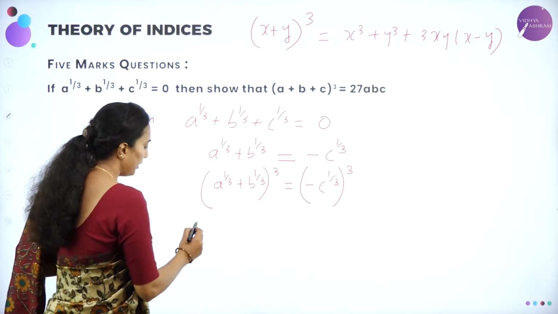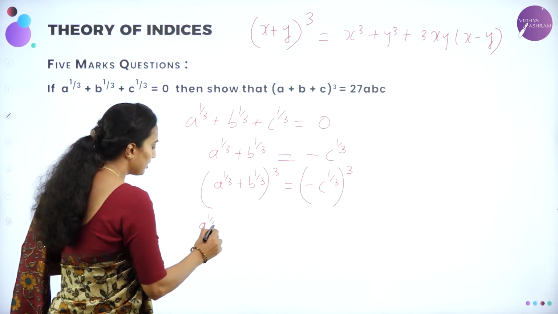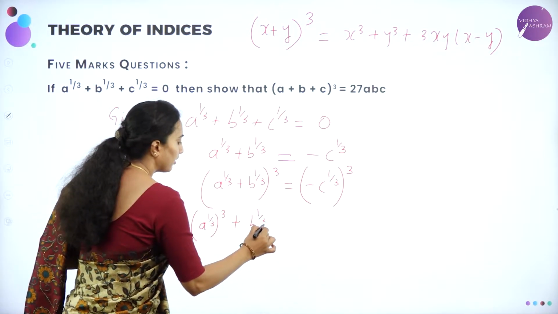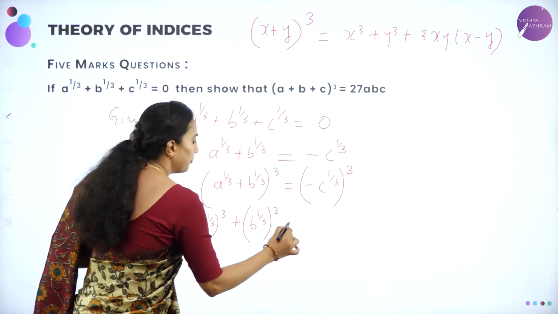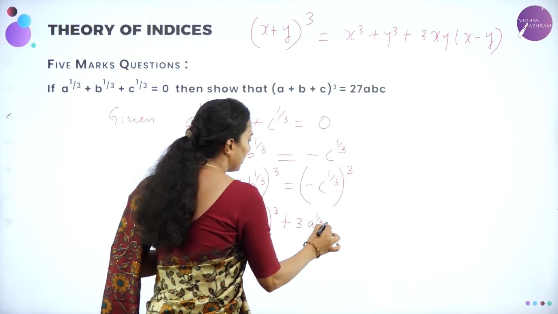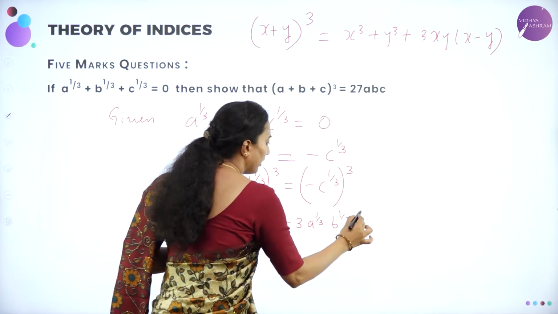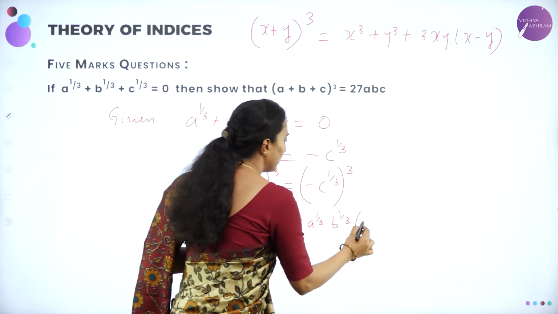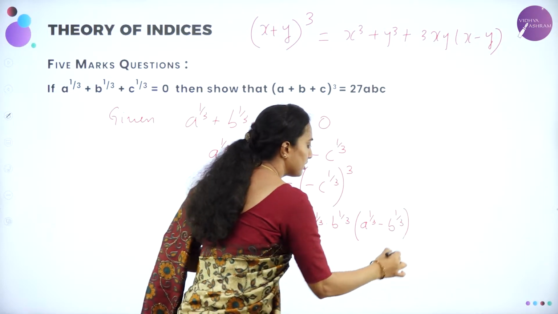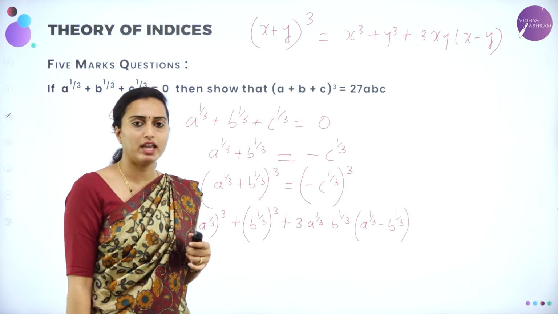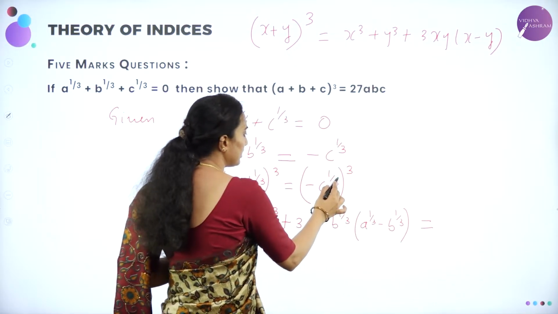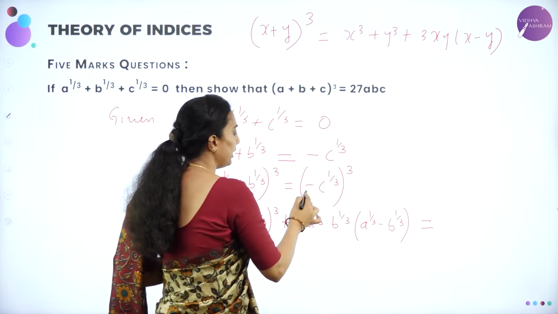So here it will become X cube plus Y cube plus 3 into X into Y into X plus Y. X replaces A power 1 by 3, Y replaces B power 1 by 3, will be equal to, you can observe here, minus whole cube will be minus only.